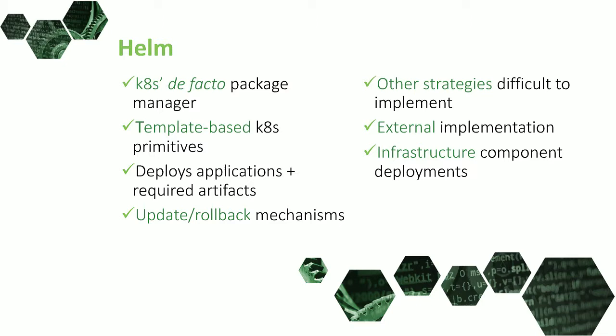I think Bitnami provides tons of different Helm applications and so on. So Helm became very, very popular. The reason for it is that Helm helps you not only to deploy applications, but also to deploy, all as one package, all the supporting artifacts that you need for this application to work.